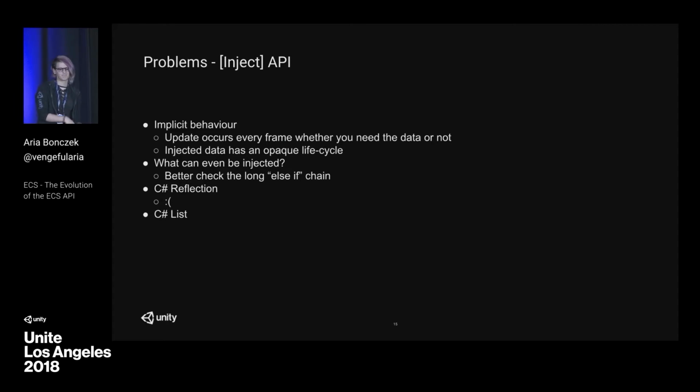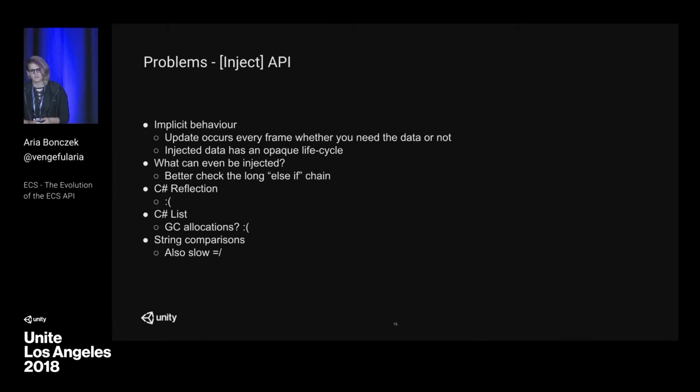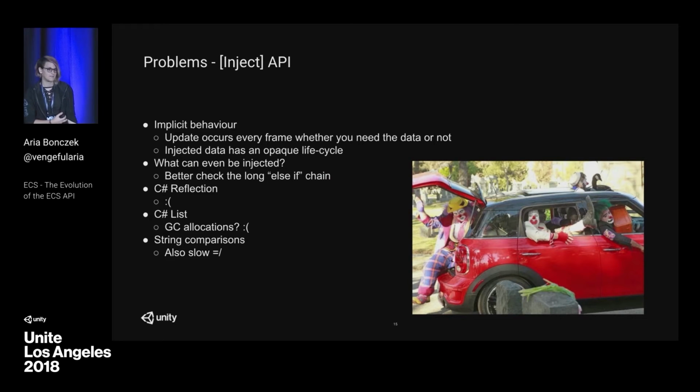C# list, also not our favorite. String comparisons, so on and so forth. There's a lot of fundamental problems with this code. So not only is it opaque, not only is it difficult to tell what's actually going on, but it's also not actually performant. There are a lot of clowns in this car, and we want the clowns out of the car.